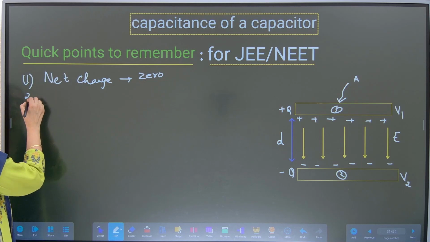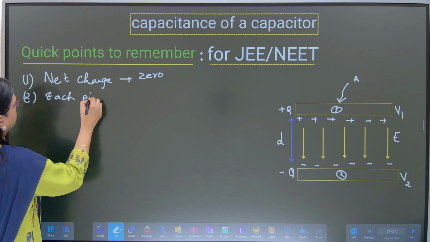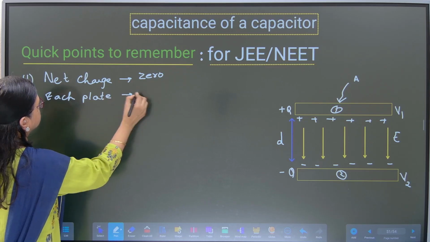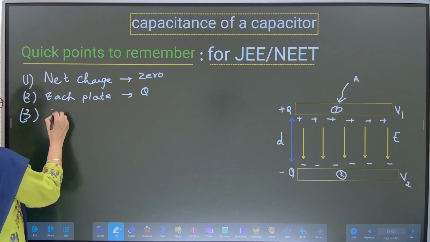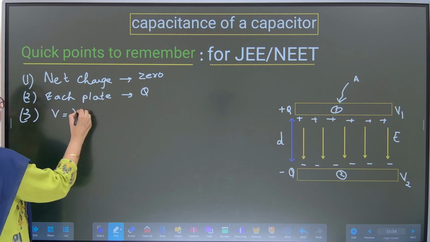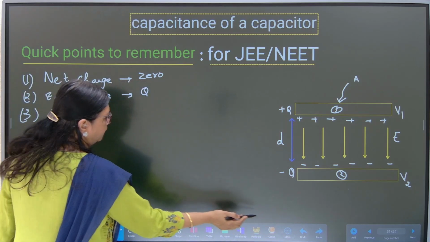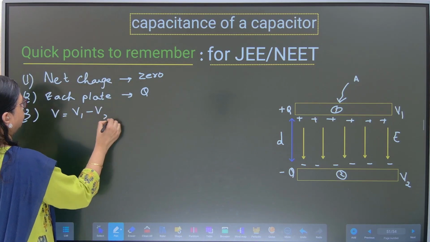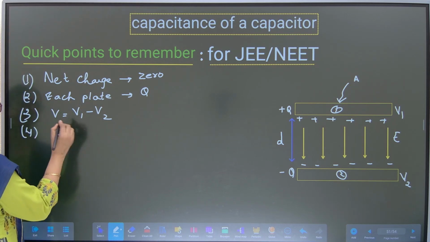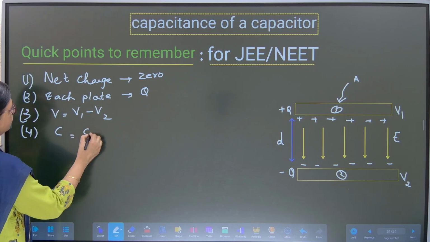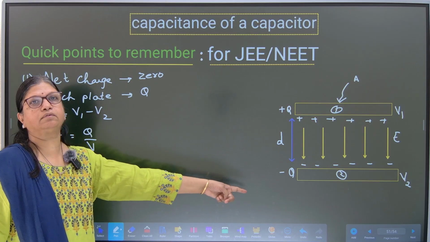But each plate has a charge Q. Potential difference V between the plates is V1 minus V2. And the capacitance C is equal to Q by V for this arrangement of the two conductors.